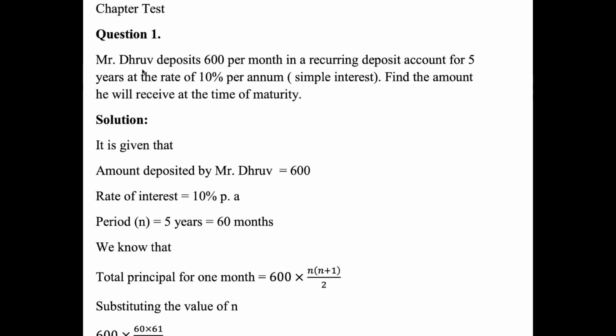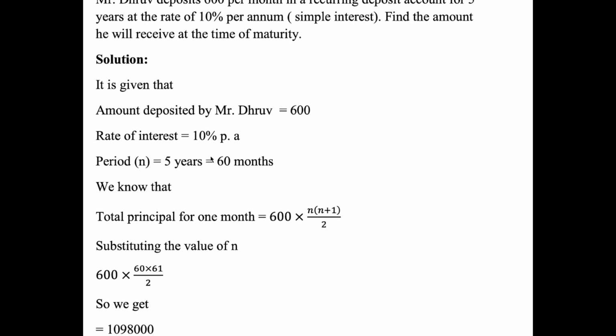Mr. Dhurab deposits rupees 600 per month in a recurring deposit account for 5 years at a rate of 10% per annum simple interest. Find the amount he will receive at the time of maturity. So here the amount deposited is 600 rupees per month for 5 years, means 60 months.